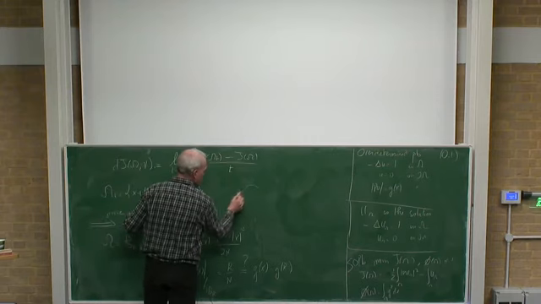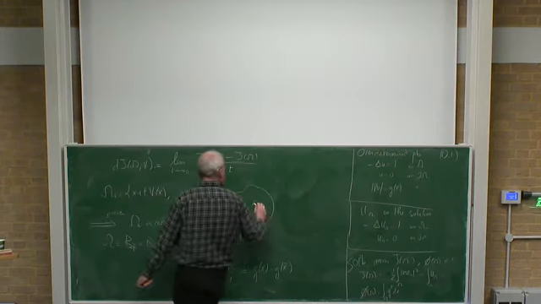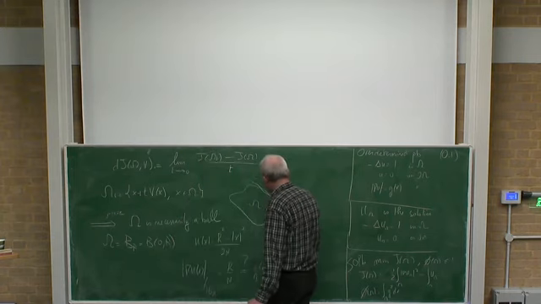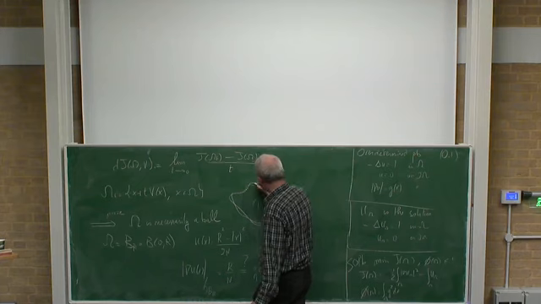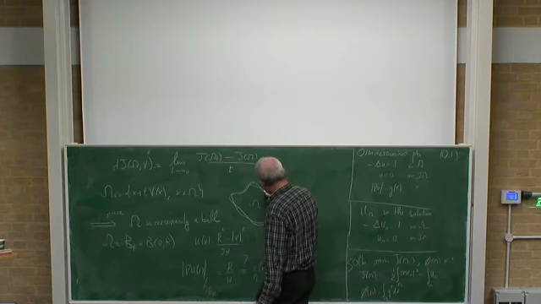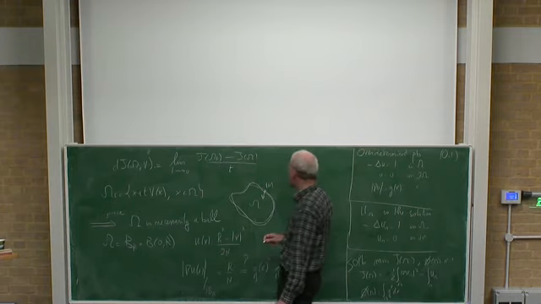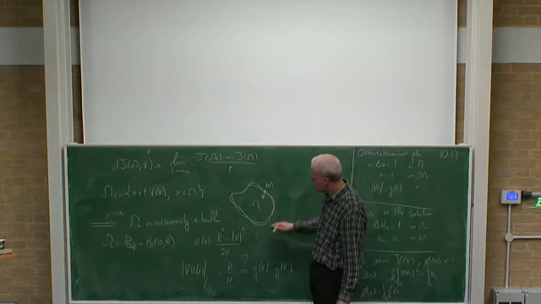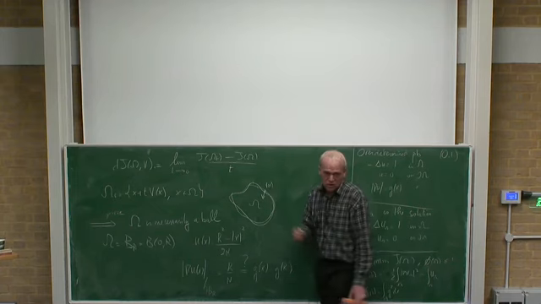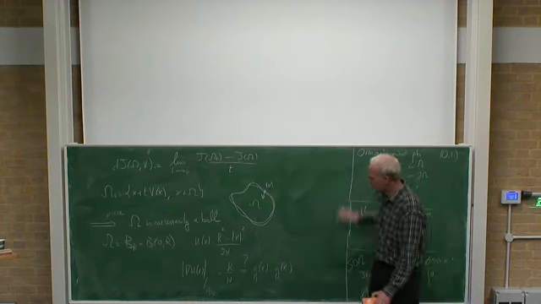So I have my domain omega, and I take a small perturbation of omega using a perturbation field. My v of x is like that. I choose t v of x and so on, and I compute this differential quotient.